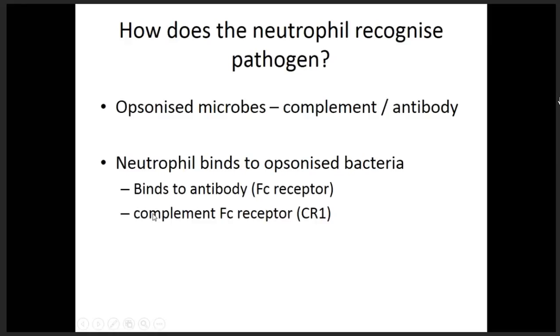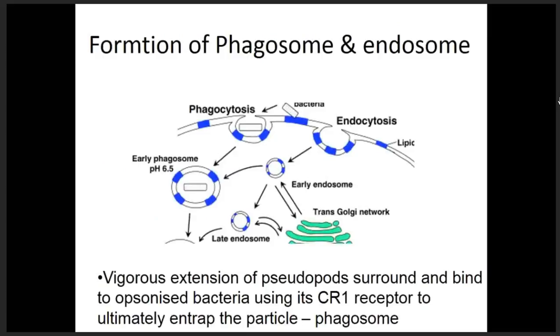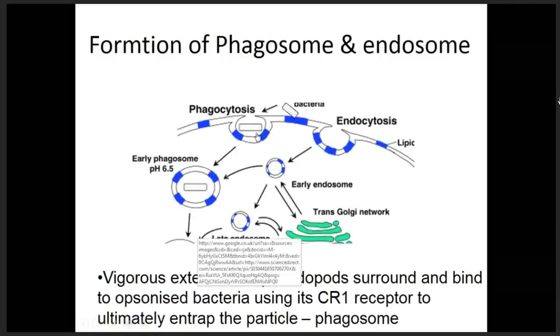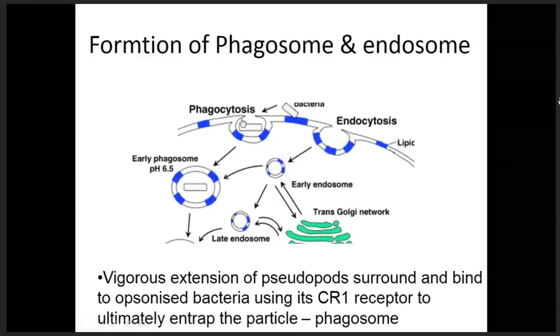Or alternatively, the receptor present on the neutrophil will bind to C3b or C4b, which again will enable it to take the pathogen into the cell. And here we go. You get extension of the pseudopods, little cell membrane extensions, which encapsulate the bacteria and enable it to be brought into the cell.